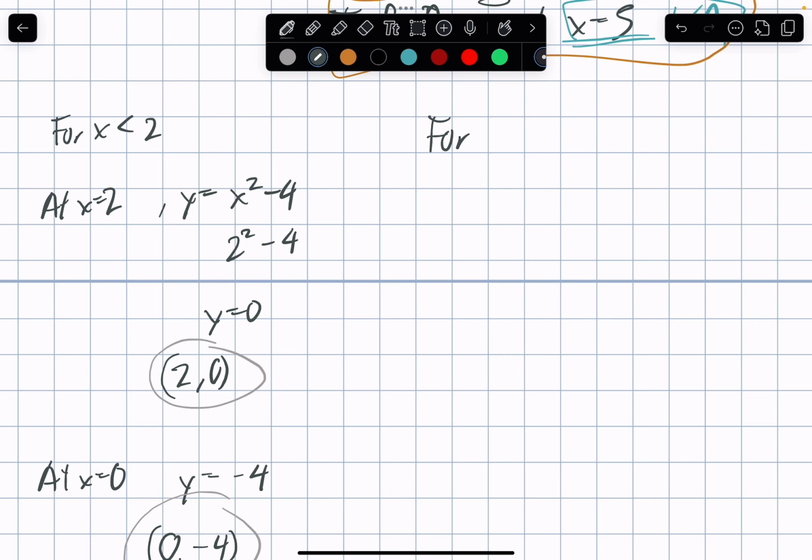How about for x is greater than or equal to 2? So y is equal to 1 over 2 minus 5, negative 1/3.